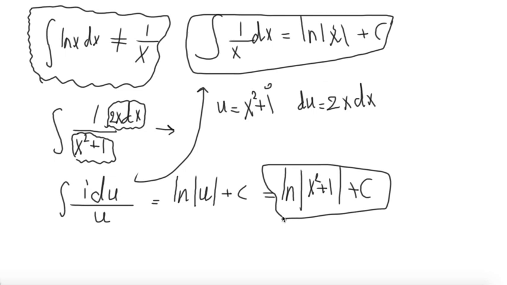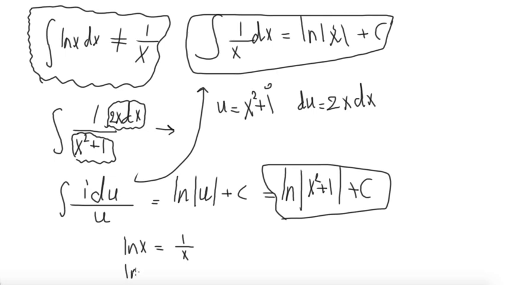Okay, there might be a question about this absolute value. Why should we keep this absolute value? When we take the derivative of ln x, the result is 1 over x, because I explained previously.